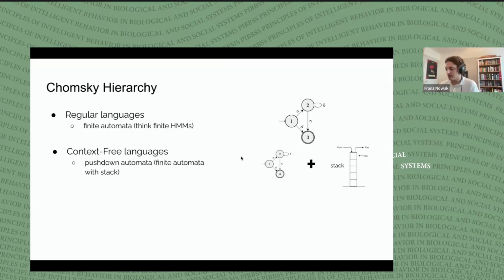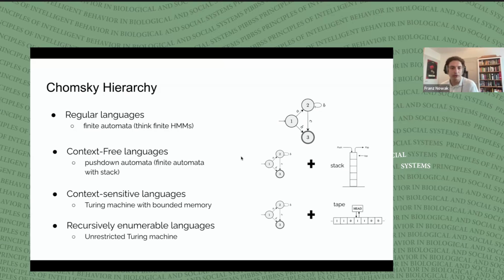Then the next 2 levels are described by Turing machines, which you might have heard of in the context of transformers being potentially Turing complete or not Turing complete. There's a whole lot of research in the literature about what kind of these machines can be approximated by transformers.